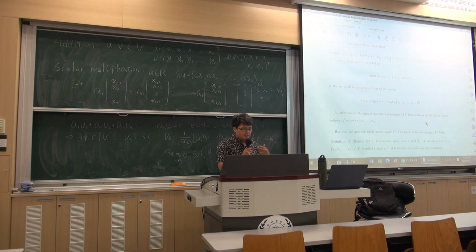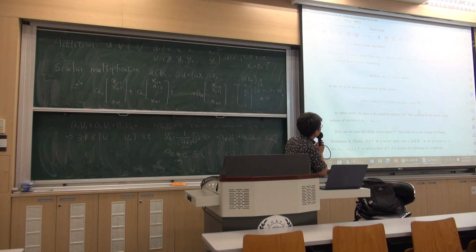Okay, then there is the span, which is related to the graphic expressions of how you add up vectors and how you multiply vectors. So first we go through the definition.